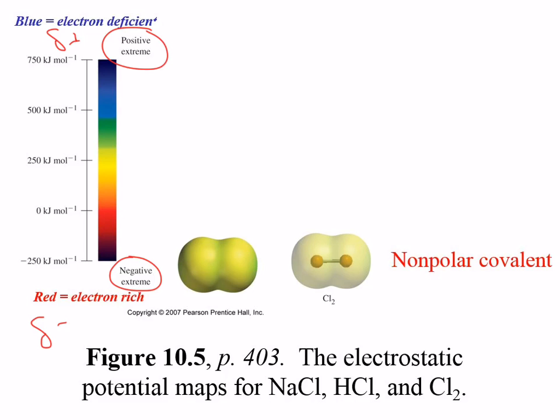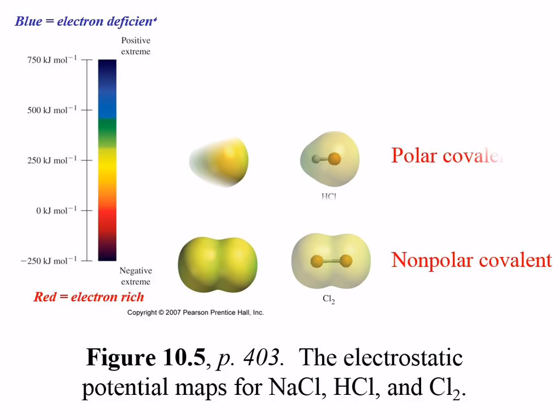Electrons are totally shared with both of them. If we go into HCl, you're like, who's going to get more electrons, the hydrogen or the chlorine? Again, you have to look at the periodic table, and remember, hydrogen on my periodic tables appears twice. Actually, chlorine is more electronegative than hydrogen. Hydrogen 2.1, chlorine 3.0. You can't really tell much, but the chlorine looks a little redder. Just a little redder.